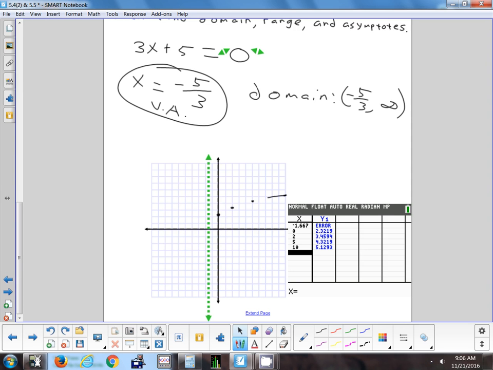So it's going to come in, curve down, and that's what it looks like. So very similar to graphing other functions. Find that start point, or in this case, our asymptote, which tells you where the graph doesn't go past, and then it goes in one direction from there.